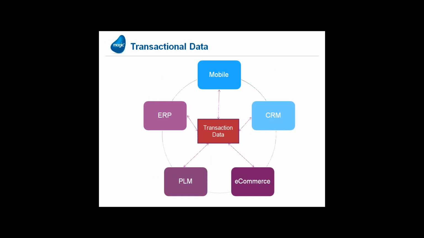Now, with ERP systems, we deal with a lot of different kinds of data. We deal with transactional data, we deal with master item data, and we deal with customer data. Today's webinar focuses on customer data quality issues, and that is what we'll be demonstrating.